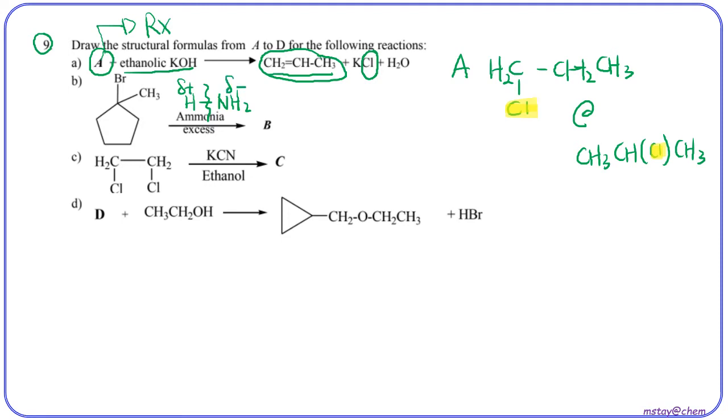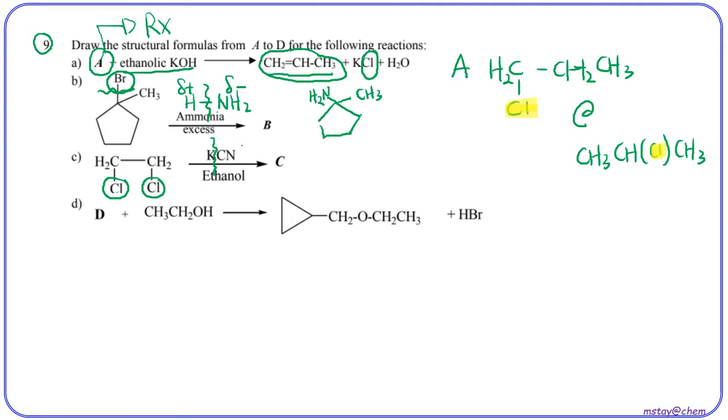We can see there is one functional group, which is the bromine. So this one is nucleophilic substitution. The bond between carbon and the halogen will break, and the Br will be replaced by the NH2.